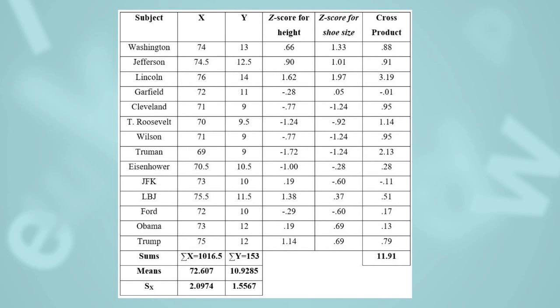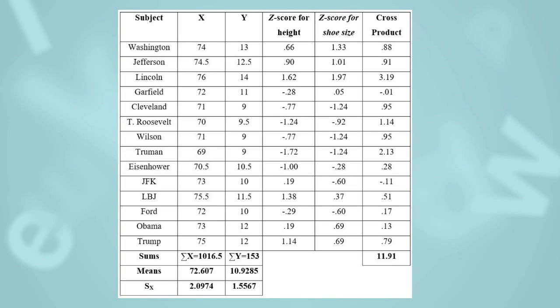We mentioned the use of z-scores to get two different variables, in this case height and shoe size, in the same scale for mathematical purposes. In the diagram, you will see the same height and shoe size data. Note that there is now a column for the z-score of each x, or each height. There is also a column for the z-score of y, or each shoe size.